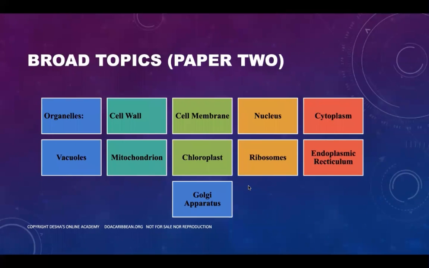Then we have the smooth endoplasmic reticulum that is involved in the synthesis of fats. Next, we have something called the Golgi apparatus, which is the factory of the cell. So whatever is made by the endoplasmic reticulum or other organelles, the Golgi apparatus is involved in packaging them, processing them, making them more suitable for their functions, and sending them to their destinations.